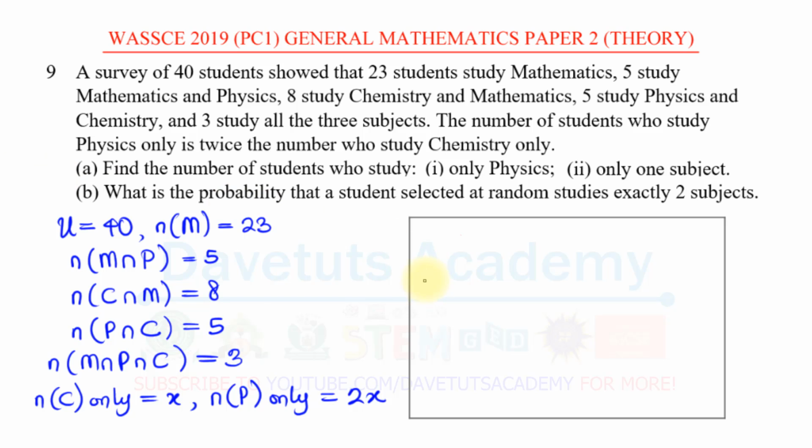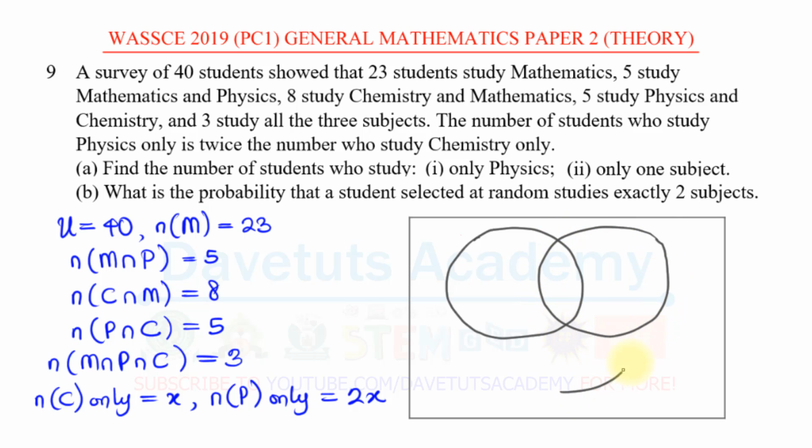All right, so I have the circle for maths, I have the circle for physics, and I have the circle for chemistry. Okay, so let me just use different ink. Let me say this is maths, this is physics, and this is chemistry.